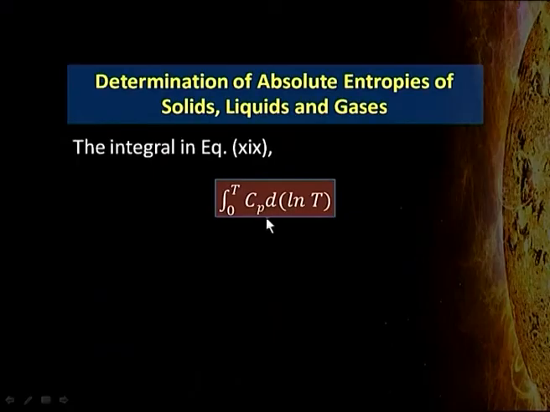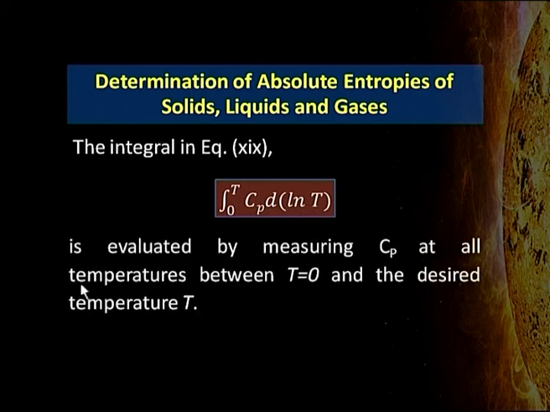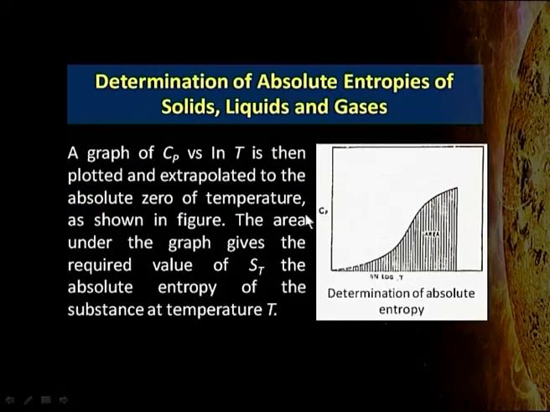The integral of equation 19, that is Cp d log T within the limits 0 and T, is evaluated by measuring Cp at all temperatures between T equal to 0 and the desired temperature T. A graph of Cp versus natural log T is then plotted and extrapolated to the absolute 0 of temperature, as shown in this figure.